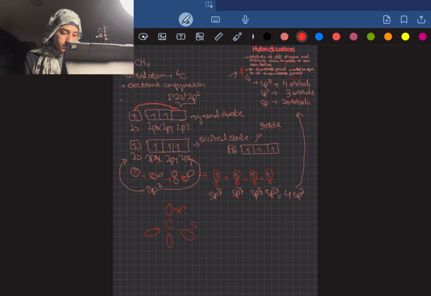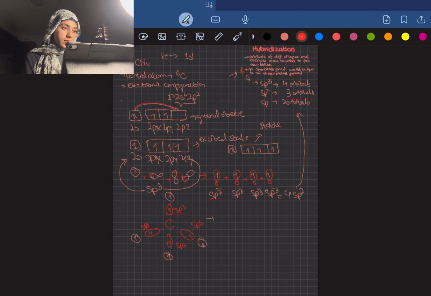Now this is my sp3, sp3, sp3, sp3. Now I'll make a hydrogen here. Because the configuration for hydrogen is just 1s1, it'll just have 1 electron in it. So each has 1 electron, and then hydrogen also has 1 electron in it.